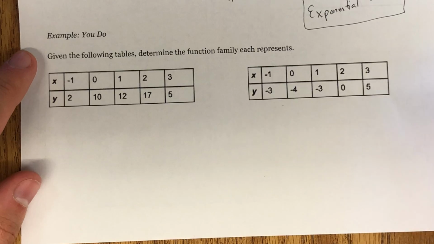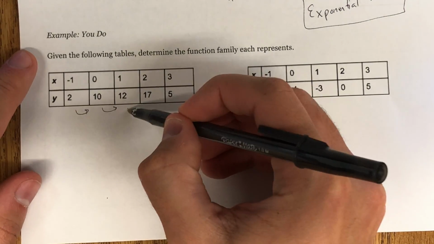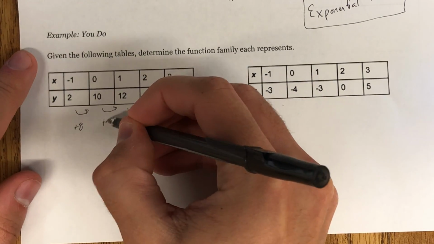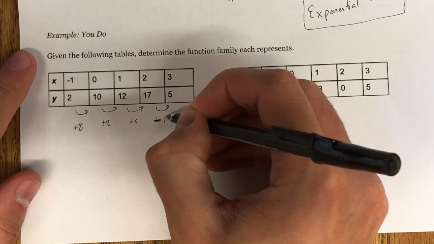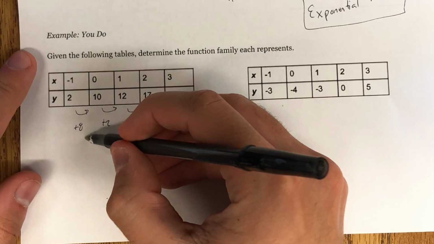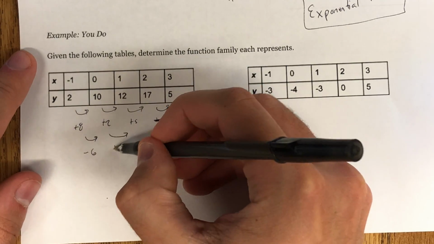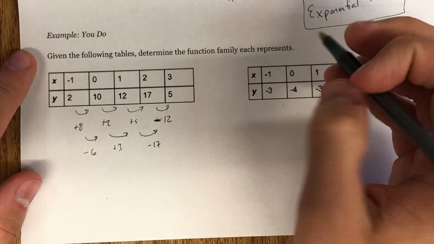Okay, we're back. So if we check here, first checking that first difference, we go up by 8, up by 2, up by 5, and down by 12. Checking second difference, we go down by 6, up by 3, down by 17.